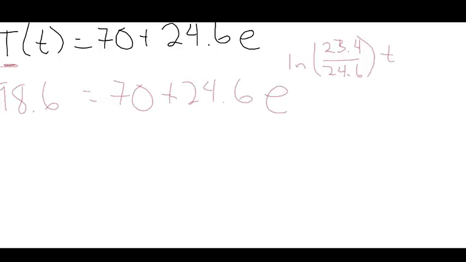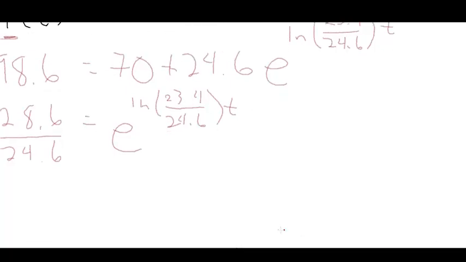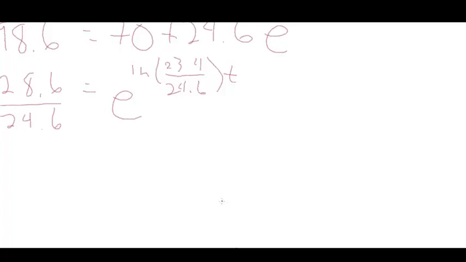So the same idea. We're going to end up with 28.6 divided by 24.6 equal to e to the ln of 23.4 over 24.6 times time. And then again, we're going to have to take ln of both sides, because what we're trying to do is solve for time, and that's in our exponent.